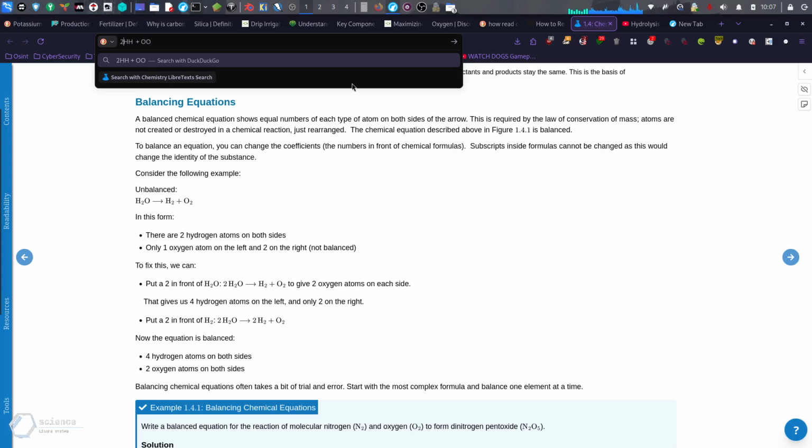This means we multiply 2 by 2 equals 4 hydrogens. If we multiply 2 by 2, we get 4 hydrogens. In this formulation, we put the coefficient into here. We divide this part and this.